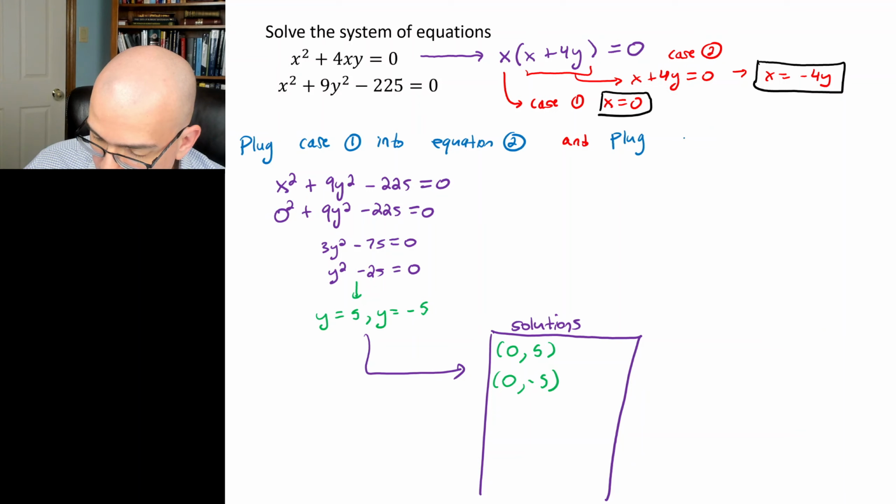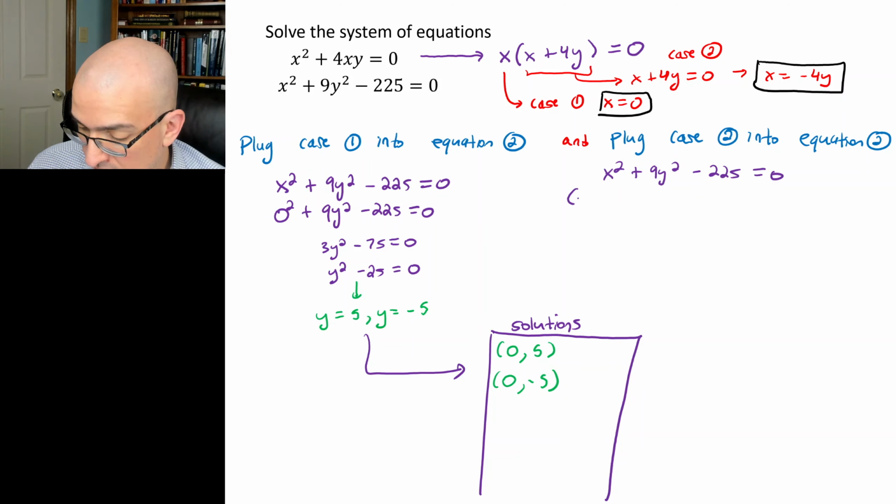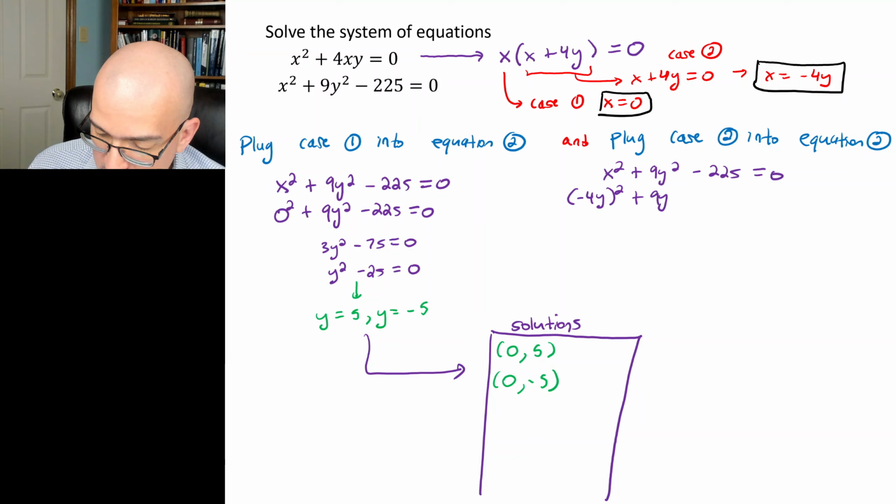Plug case 2 into equation 2. So we have x squared plus 9y squared minus 225 is equal to 0. Now I'm going to replace the x with a negative 4y. So negative 4y all squared plus 9y squared minus 225 is equal to 0.